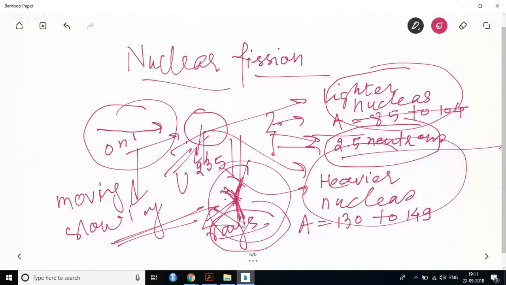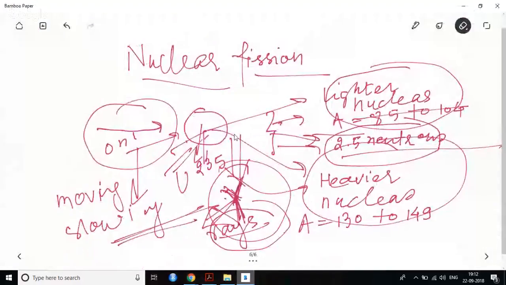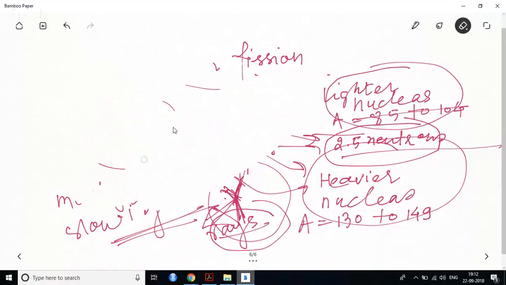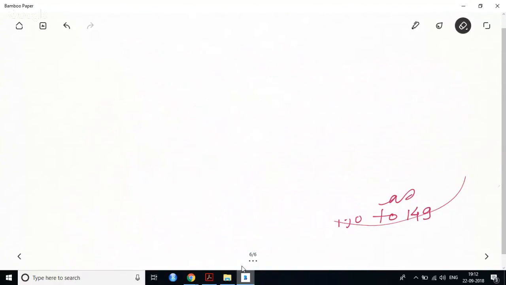So that is the thing. Now, one of the important things which has been given in the book is the effect of mass defect in case of nuclear fission.